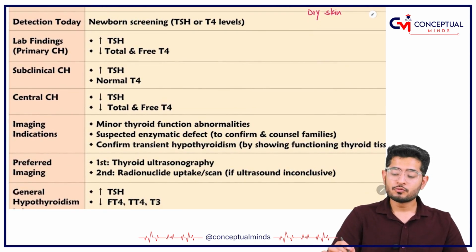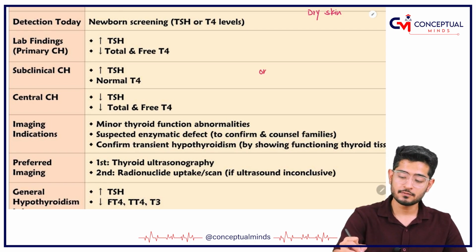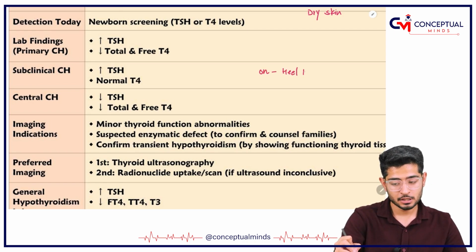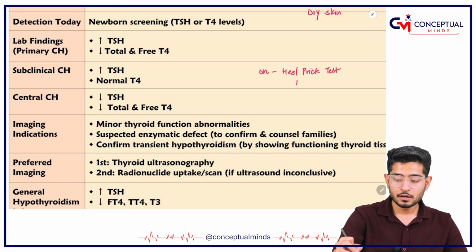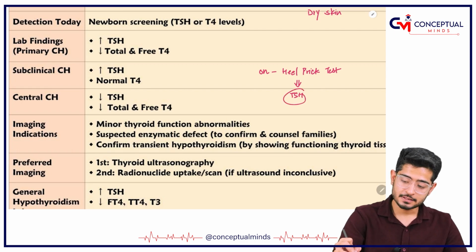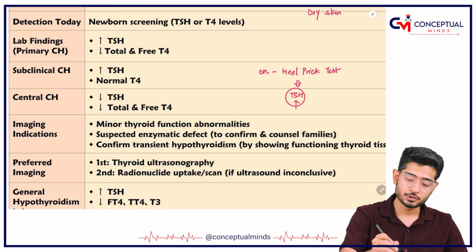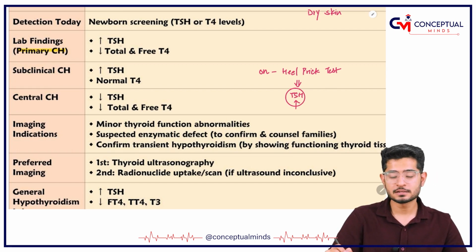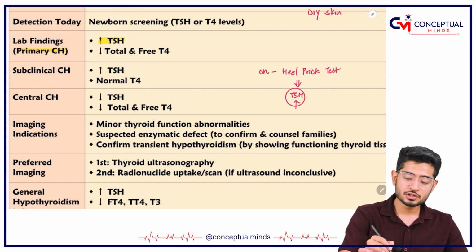So if you want to check for the levels of thyroid, on the very first day we do the heel prick. We prick the heel of the baby, heel prick test, and TSH levels, thyroid levels are also checked. If it is a primary congenital hypothyroidism, of course the TSH is high.